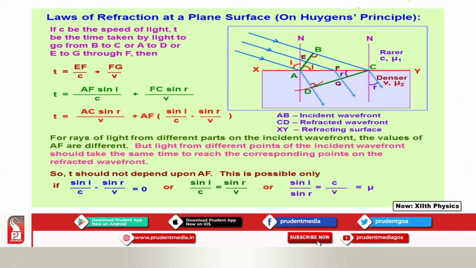So we have here sine I upon C minus sine R upon V. Let us equate now.